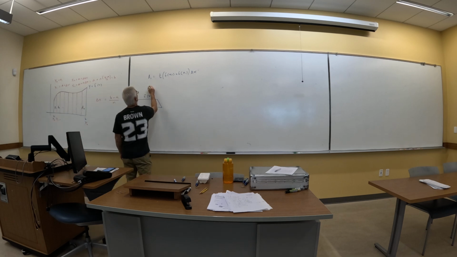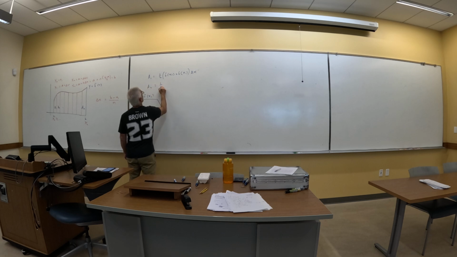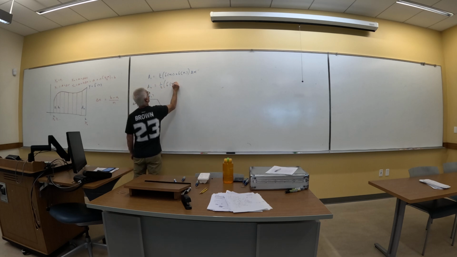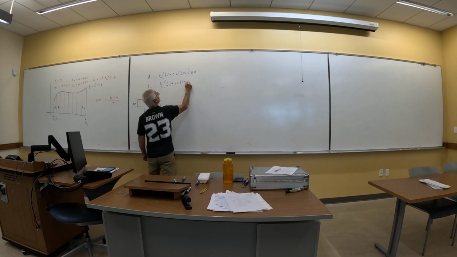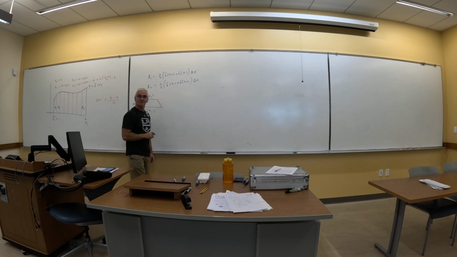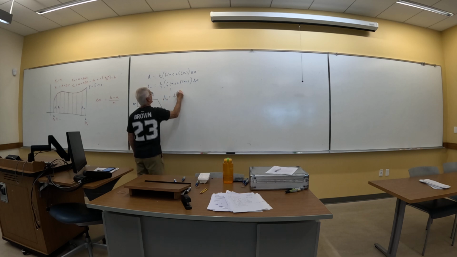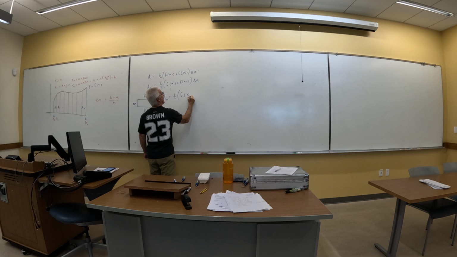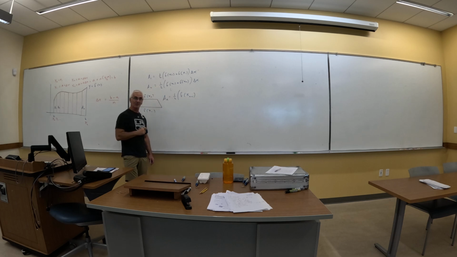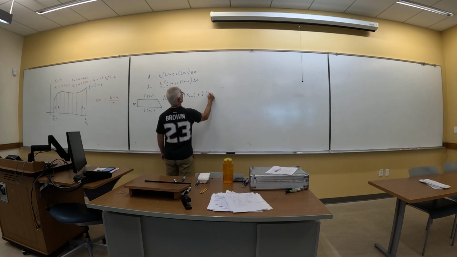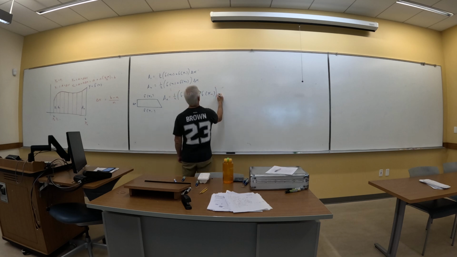So what's A2? Well, that would be 1/2 of f of x1 plus f of x2 times delta x. Agreed? And I'm going to keep going all the way down to the last one, which would be 1/2 of f of x n minus 1, the second to last one, plus f of xn times delta x.